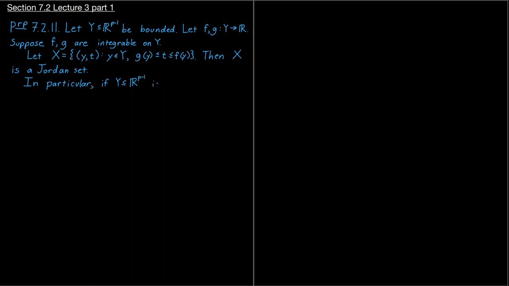If Y is a compact Jordan set, which since we're in R^P just means closed and bounded, and F and G are continuous, which we saw last time means they're integrable, then X is Jordan.